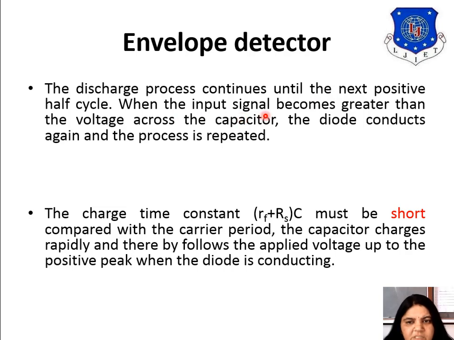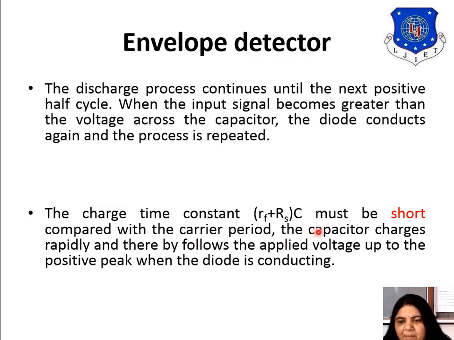So when the input signal becomes greater than the voltage across the capacitor, I said Vin greater than Vc, the diode again conducts. So this procedure repeats, and we can detect the whole envelope. So the charging time constant is (Rf plus Rs) into C. Now as I said, it must be short compared with the carrier period.